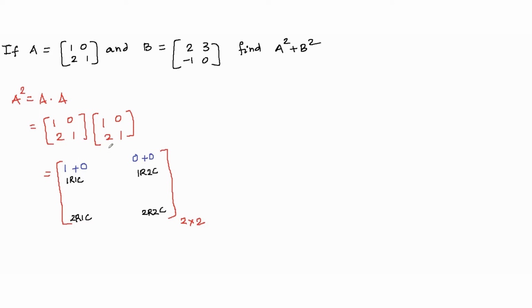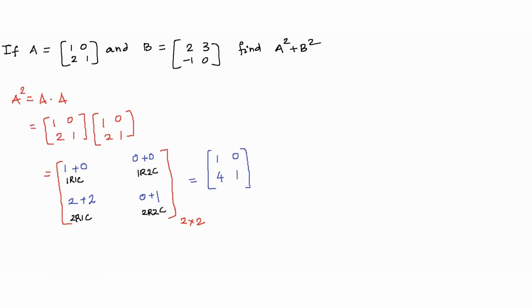Then you take second row and first column. 2 1s are 2 and 1 2s are 2, right? And then we have second row, second column. 2 zeros are 0 and 1 1s are 1. And therefore the result is going to be [1 0; 4 1], right? So this is the value of A square.